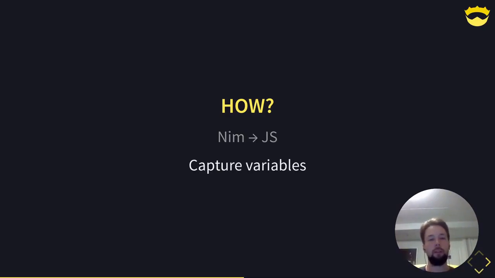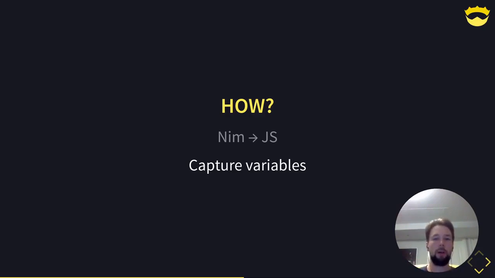Something else that's very important is capturing variables. So if we have a variable in our document and we want to use it in the interactive part, we have to do some magic to make it happen, which I will explain later.